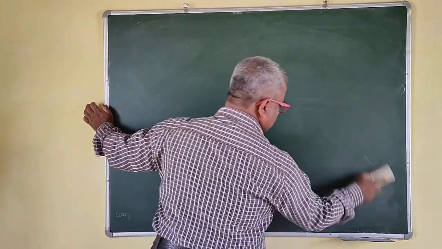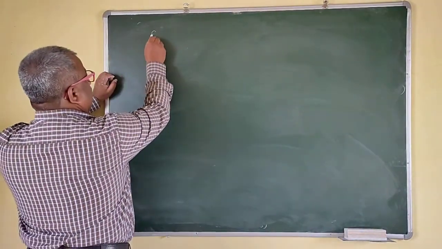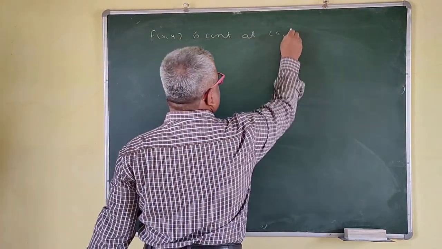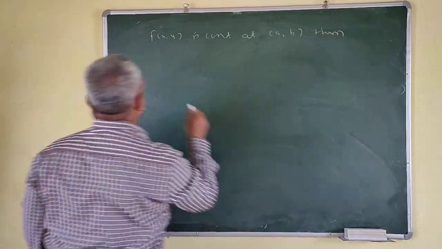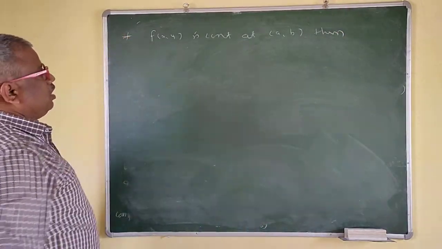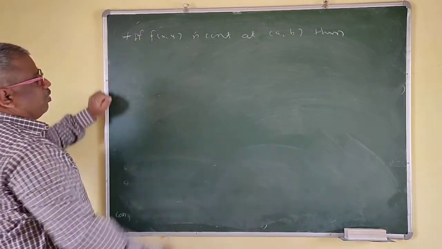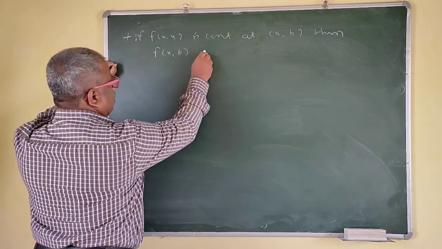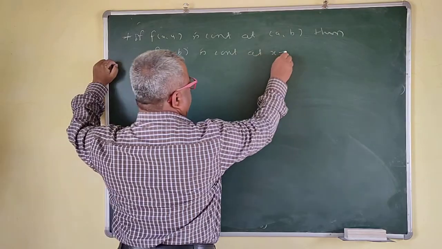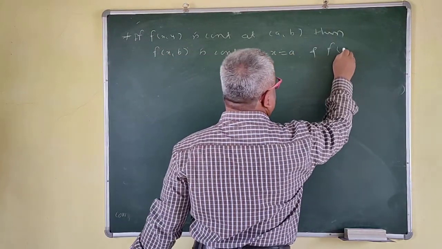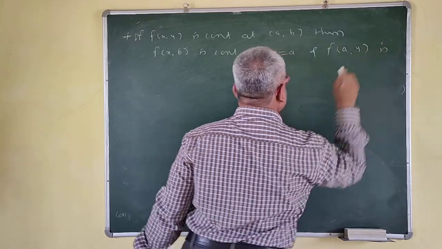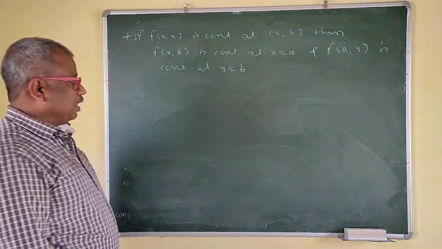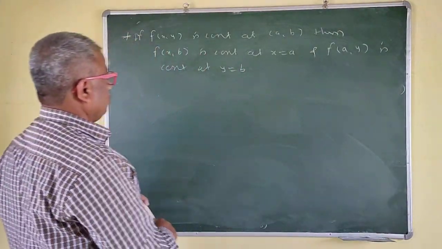Now one thing to remember: if f of (x, y) is continuous at (a, b), then f of (x, b) is continuous at x equal to a, and f of (a, y) is continuous at y equal to b, right?